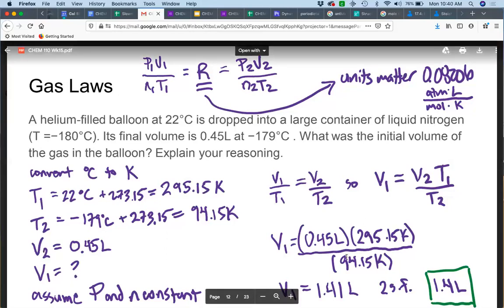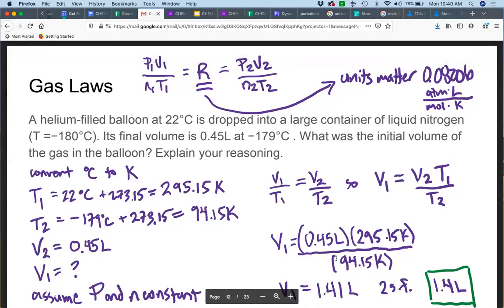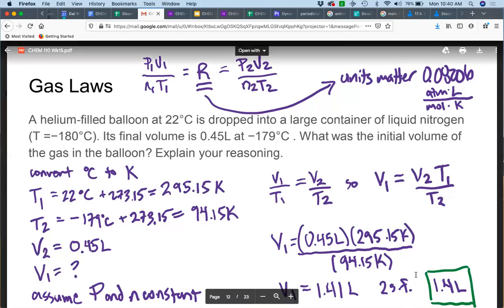Notice, right, once I substitute, my Kelvins cancel, and then if I multiply across the top and I divide by what's on the bottom, I get 1.41 liters. But as usual, I have to be attentive to the other information that's given in the problem. In this case, I have 2 sig figs. So that means that I need to rewrite my expression as 1.4 liters.